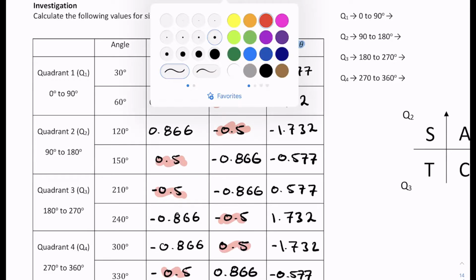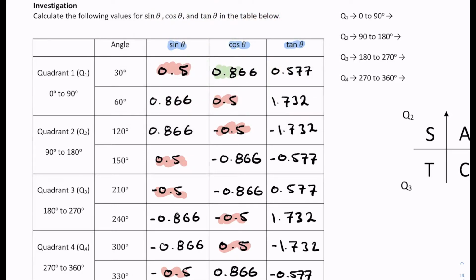And we also see another value of 0.866, and that's been rounded. You see it all over here, over here, over here, here, here's another one. And then for the tangent, we notice that there's 0.577. It happens over here, and over here.